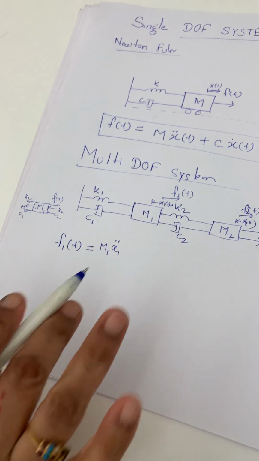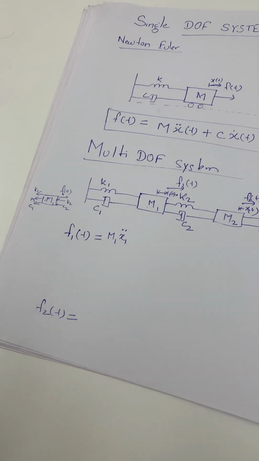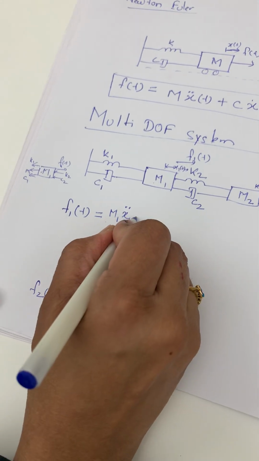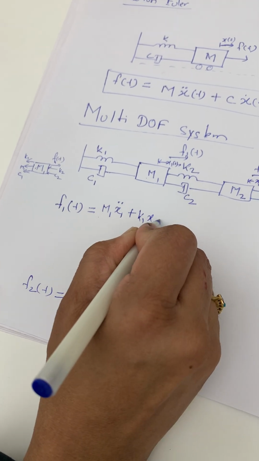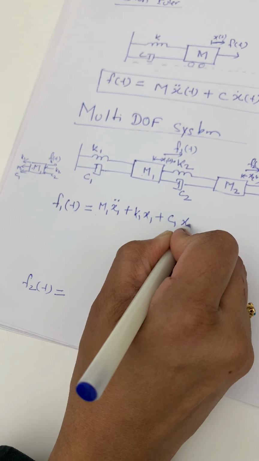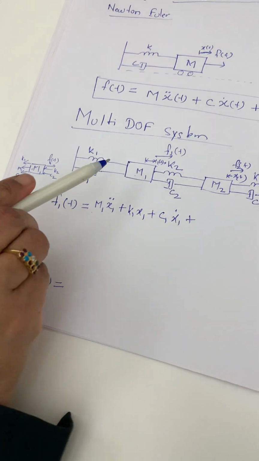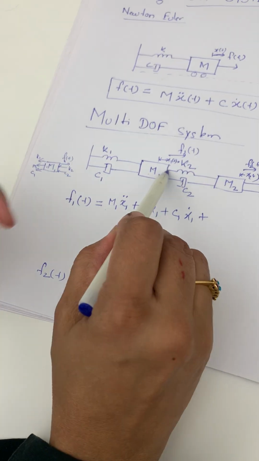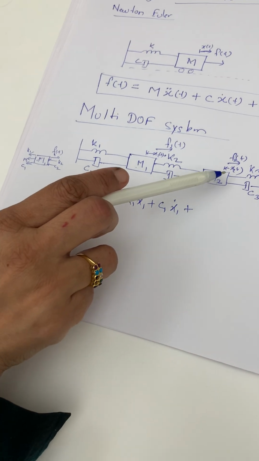For simplicity, we are removing t here. All are dependent on t, but we are not writing t.